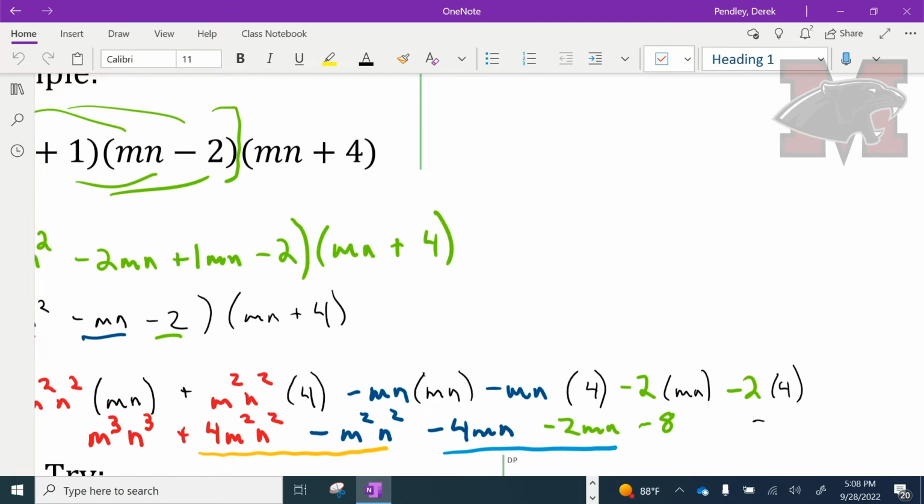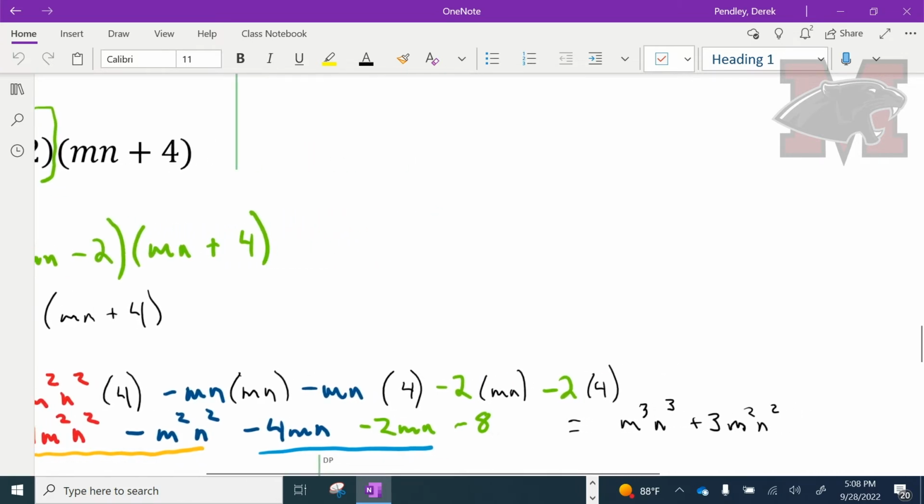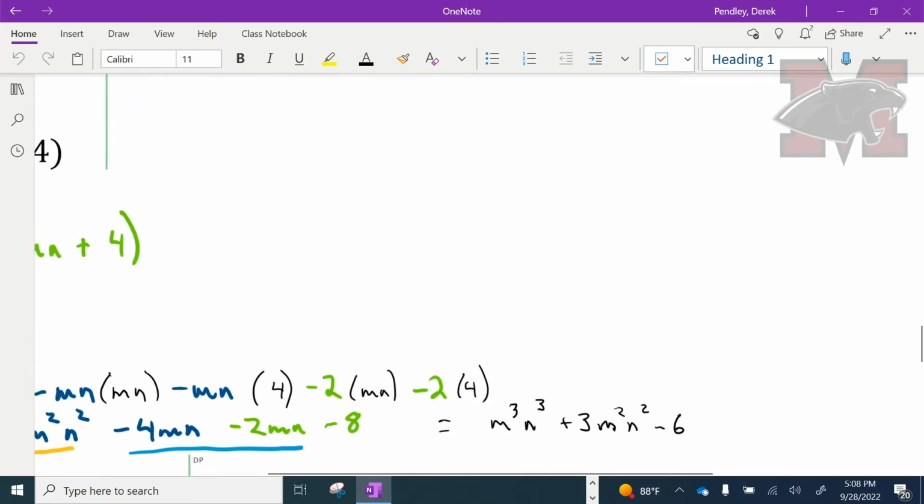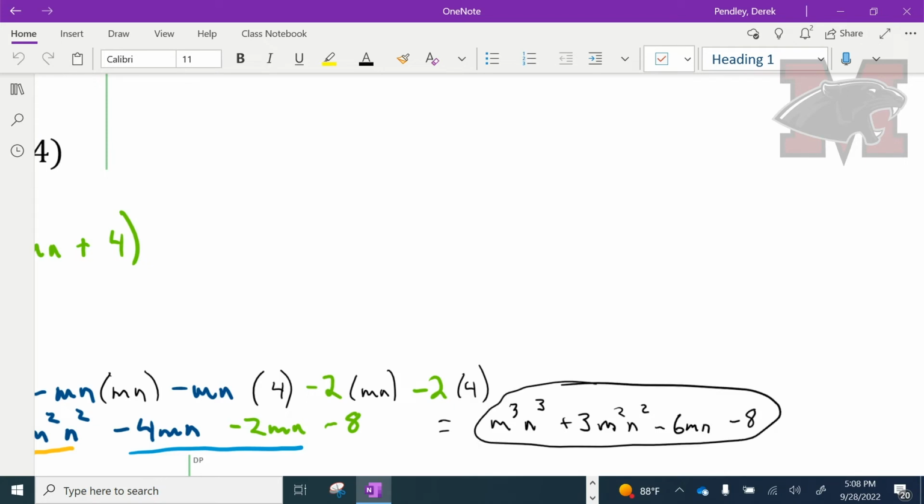I have m cubed n cubed plus 3 because I have 4 minus 1, m squared n squared. And then a minus 4 minus 2 gives me a minus 6mn. And then a minus 8. So now this is the new polynomial written in standard form.